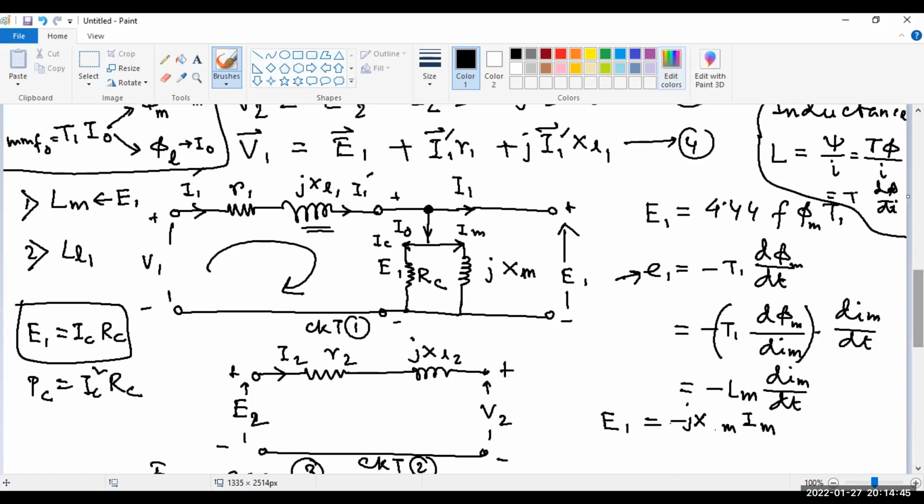And from that, I naught cos phi is your IC, and I naught sin phi is your IM. So this is how you are measuring indirectly. If you try to measure IC directly with some ammeter, you will not find it, because actually IC current doesn't flow.